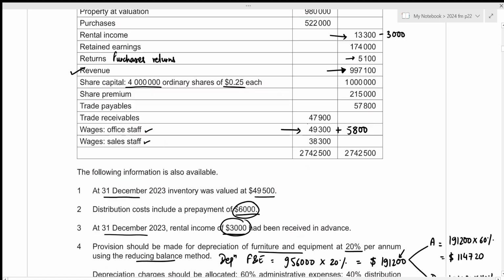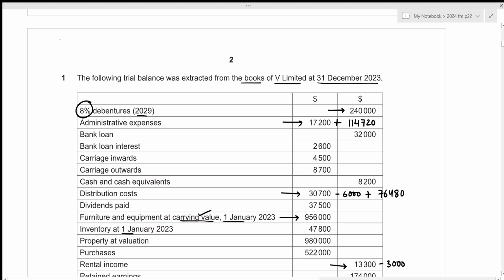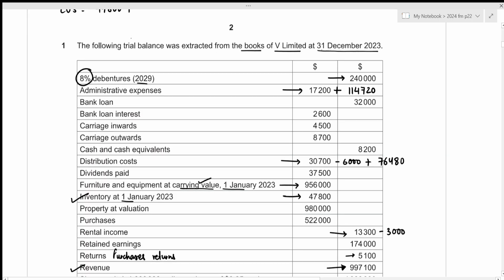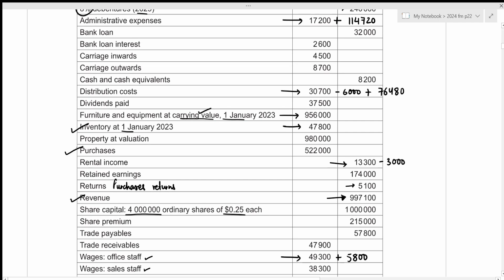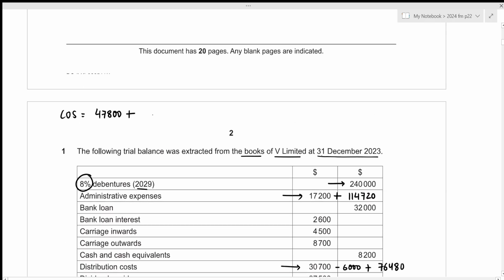Now we need to calculate our cost of sales. I'll calculate it right here. We know that for cost of sales we start with our opening inventory, which is given right here. The value is 47,800. Then we need to add the purchases made for the year. The purchases is also given right here. The value is 522,000. Then if there is any carriage inwards, we need to add it, which there is in this case.